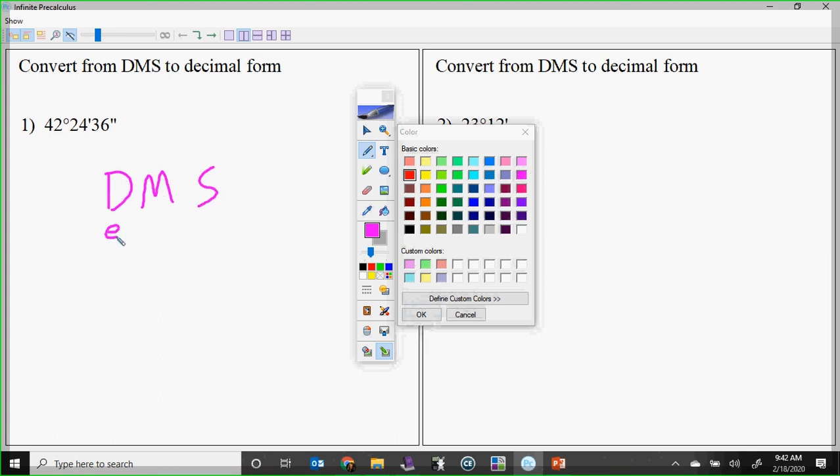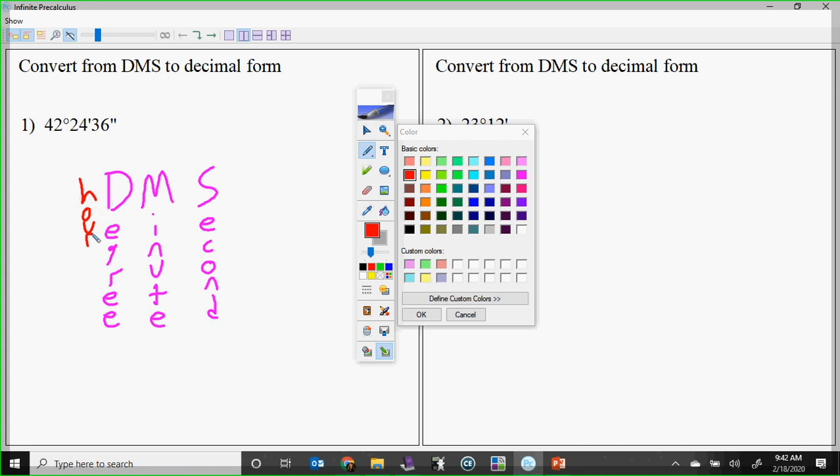DMS stands for degree, minute, second. The probably easiest way to think about it is, instead of degree, minute, seconds, hour, minutes, seconds, because it works just like a clock, okay?